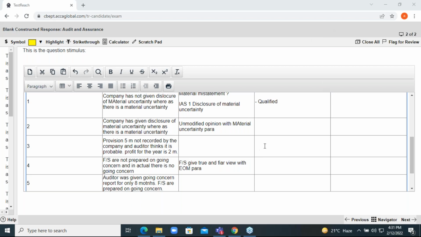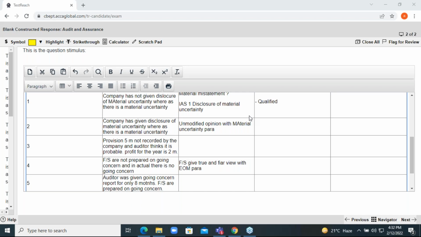So, dear students, all those students who are saying that going concern paragraph will be issued are wrong, because the material uncertainty related to going concern paragraph is issued when there is no material misstatement. Now, in this case, financial statements are prepared on going concern basis, and the auditor is not confirmed whether they are a going concern or not, because the report is prepared for 8 months, and the auditor would ask them to give a complete 12 months report.